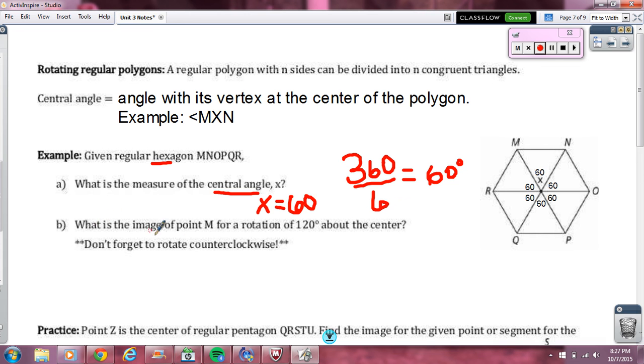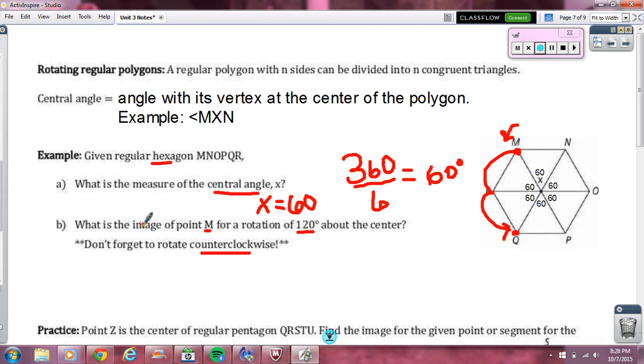Part B: what is the image of point M for a rotation of 120 degrees about the center? Point M is my starting point, and I'm going to rotate that point 120 degrees counterclockwise and see where I end up. If I go down here to point R, I've gone 60 degrees, and if I go down to point Q, I'll have gone the whole 120 degrees.